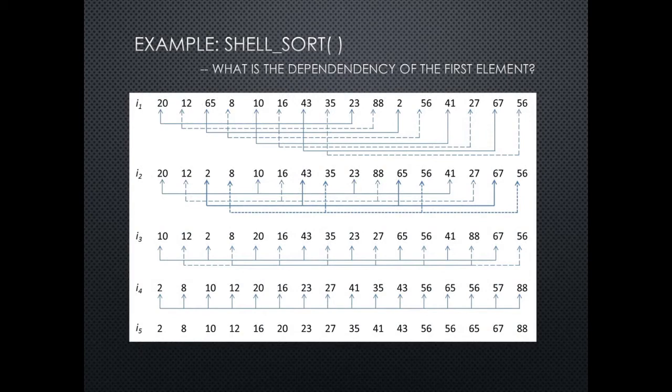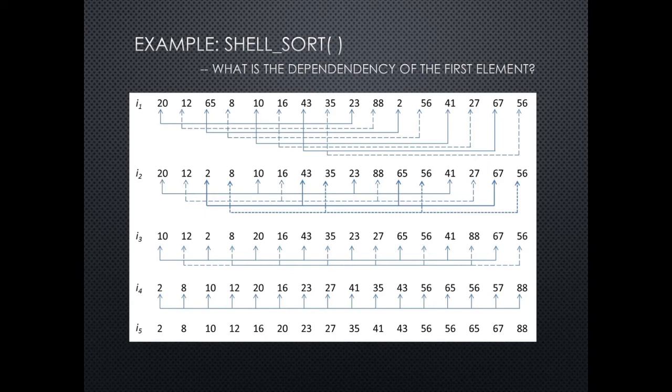And if we simply look at the dependency of the first element, well, in the first iteration, that dependency is some other element that's a pretty good distance away. But then each iteration, the elements get closer and closer together as to which dependencies exist.